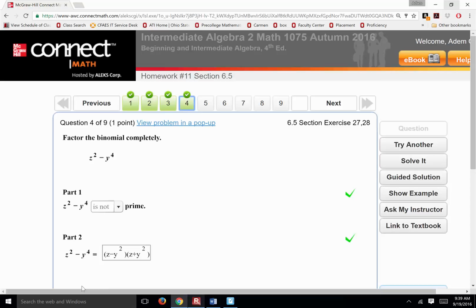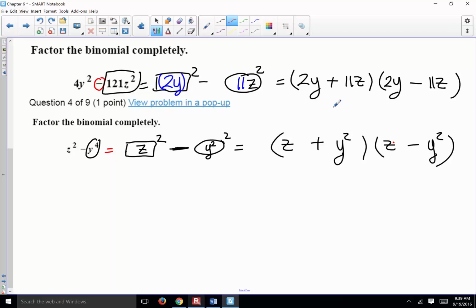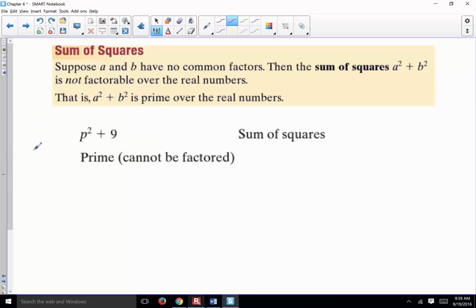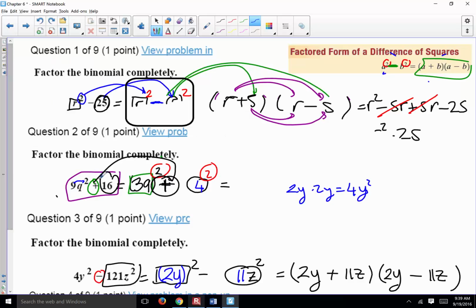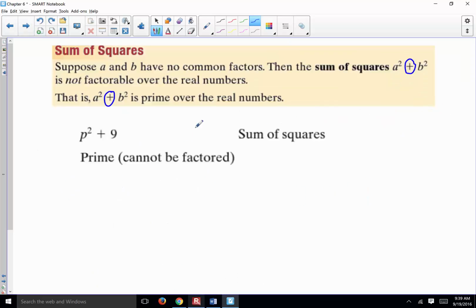Okay. Coming up next is something I already mentioned earlier. If you see a plus between two squares, such as this case, I already mentioned this guy, plus between two squares, not factorable, we call it prime.